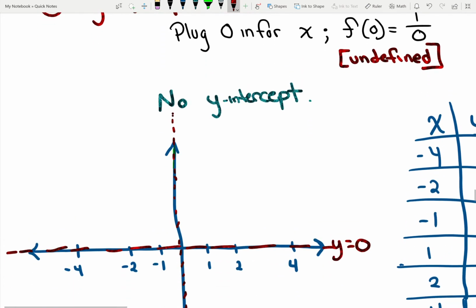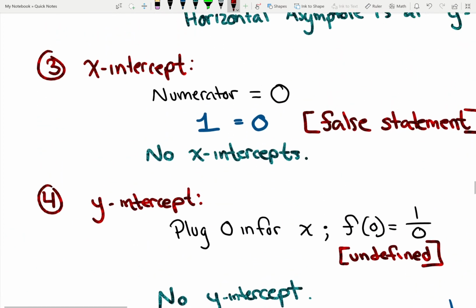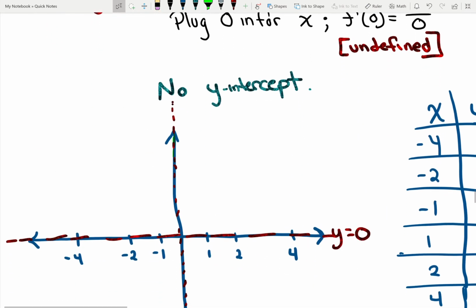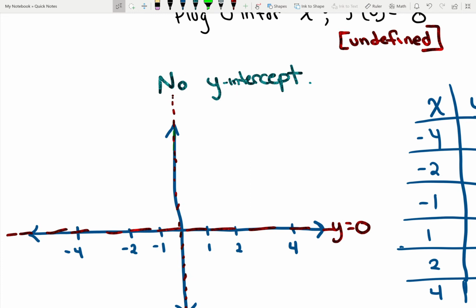So my graph does not cross this guy, and it does not cross this guy. So they split up our grid into like 4 sections. Also, we know that there are no x-intercepts and no y-intercepts. Well, that makes sense because we're not allowed to touch the x-axis or the y-axis.